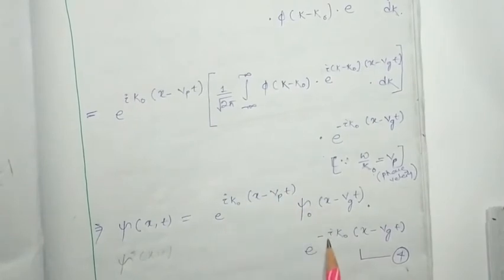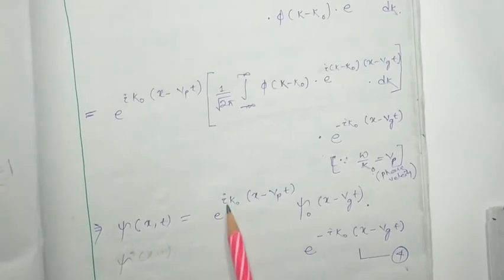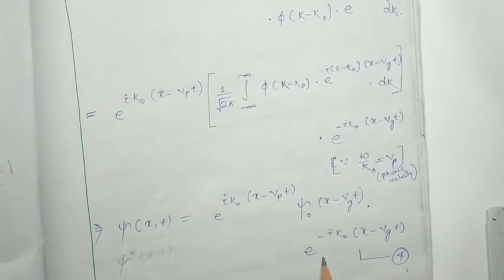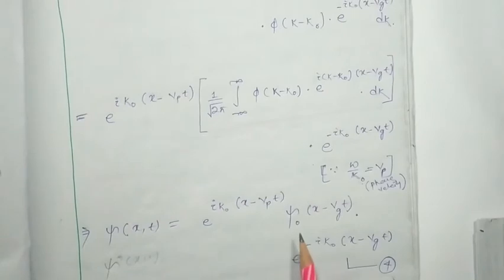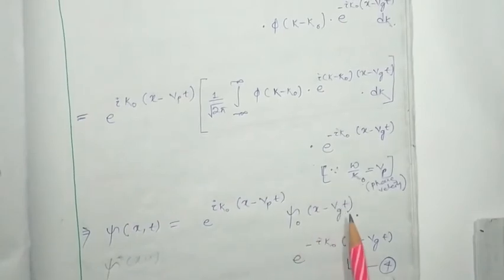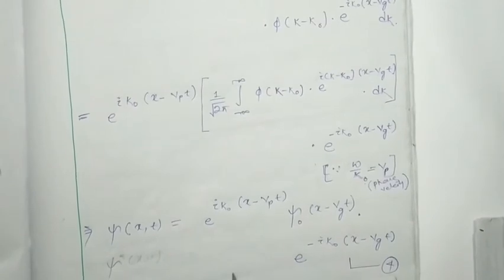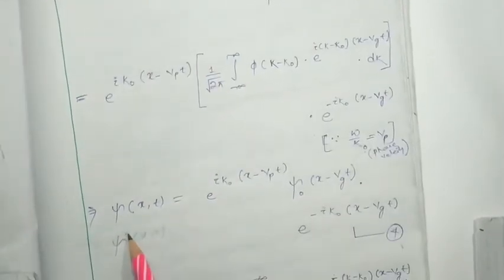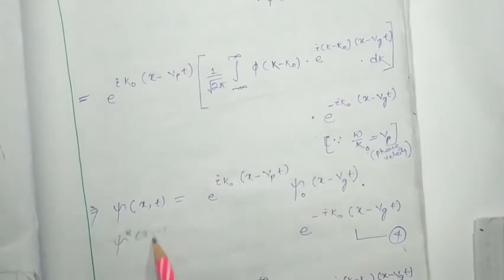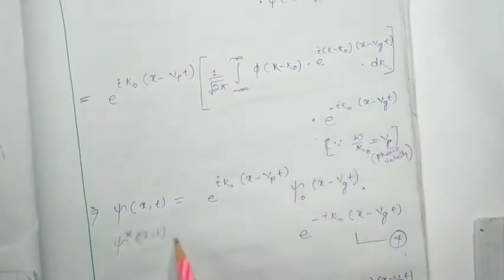Here it is minus i k0 something, and its complex conjugate will be plus. So when these terms multiply, we are going to get the mod square of psi0(x minus Vg t). Again I am going to repeat this carefully, you have to watch. Suppose we first consider psi star(x,t). So how much will it be?